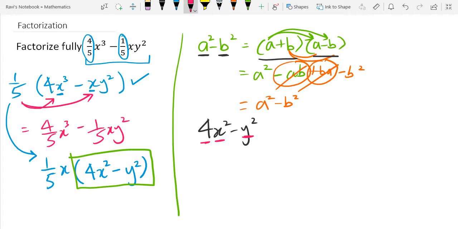So how do I do it? I know that 4 is equal to 2 squared. So if I rewrite it, I get 2 squared x squared minus y squared. Let's look at the indices rule that we need to apply.